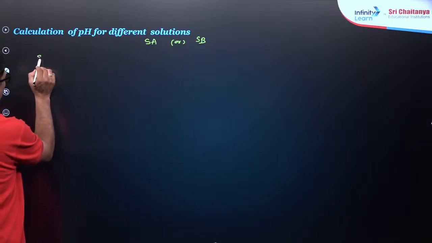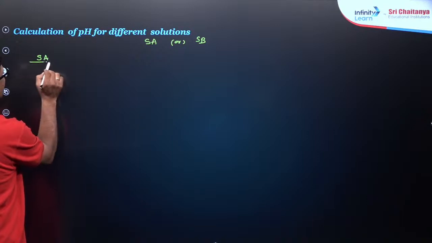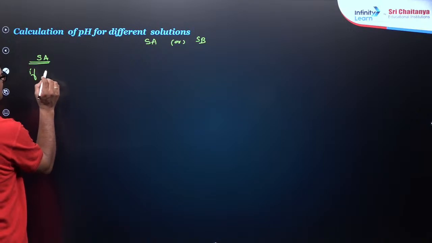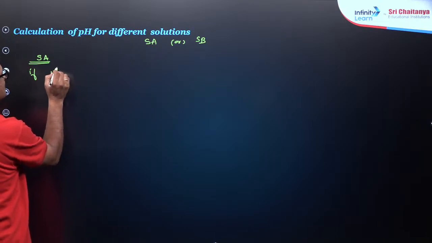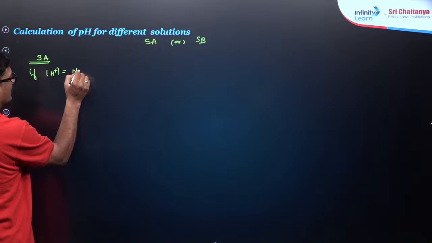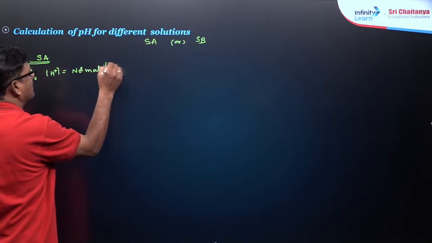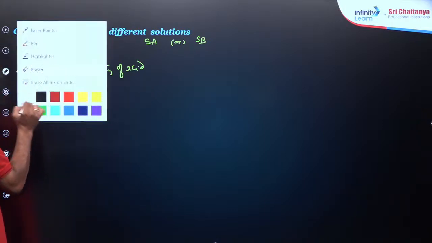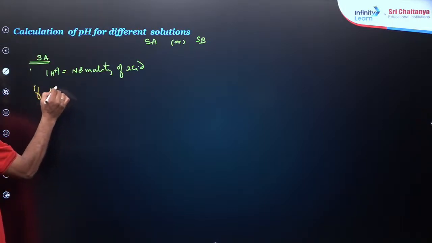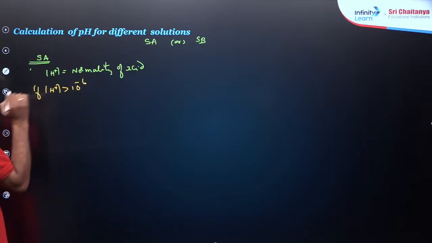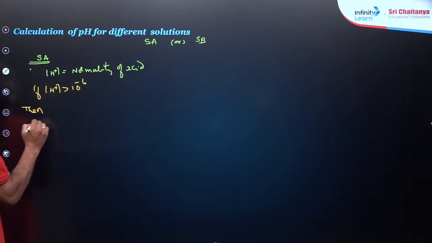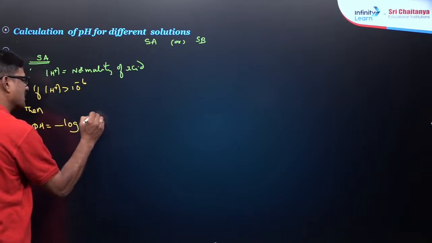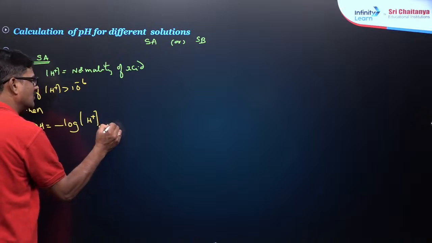For a strong acid, if H plus concentration is equal to normality of the acid, and if H plus concentration is greater than 10 power minus 6, then for pH directly take the negative logarithm to the base 10 of the H plus ion concentration given by the acid, the normality of the acid.